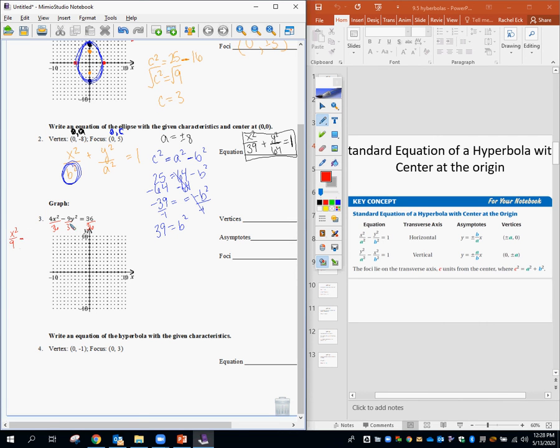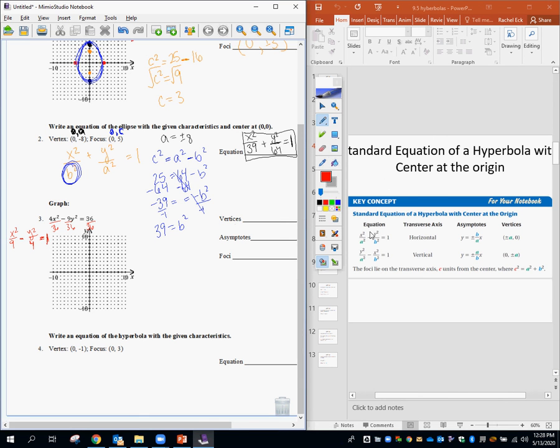And then over here, 36 divided by 9 would have been 4, so we flip 4 over 1 to 1 over 4. And 36 over 36 is 1. So that should tell us that this is a hyperbola.